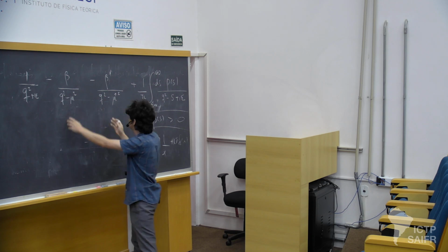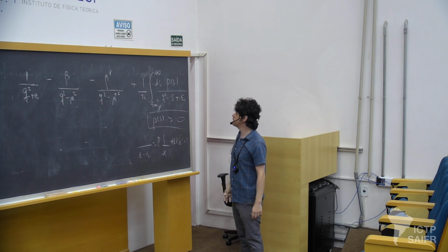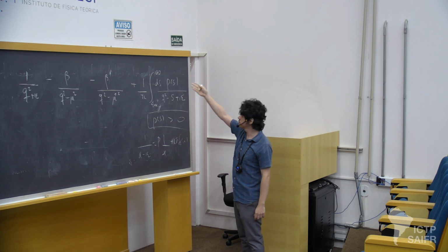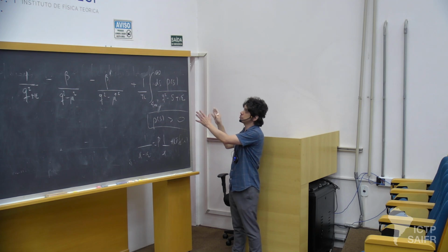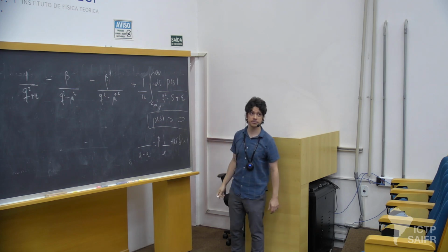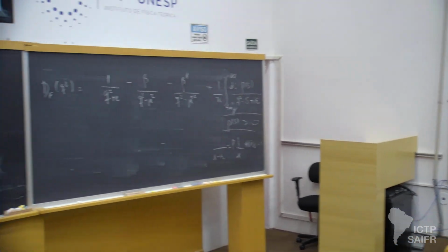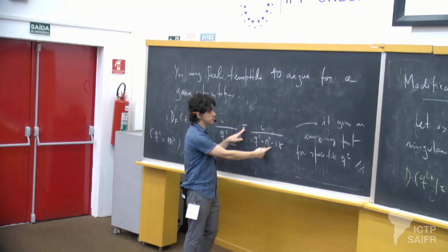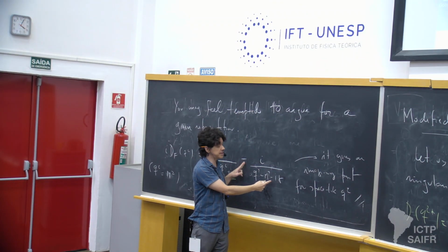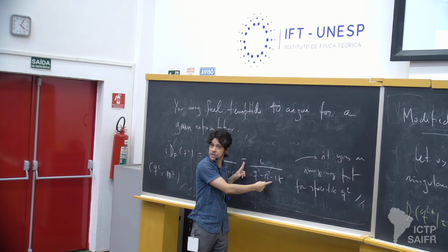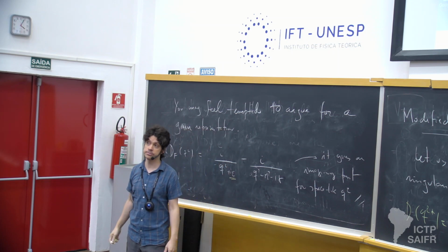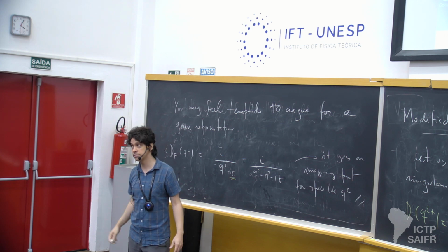And the good thing about it is that this contribution is as normal as possible, right? It doesn't have a minus sign in front of it. It has the plus i epsilon. But this contribution should be expected, because if we look at our first form of the propagator, the fact that we have two funny signs means that this one is going to produce an imaginary part which has the same sign as a usual, normal unstable particle.